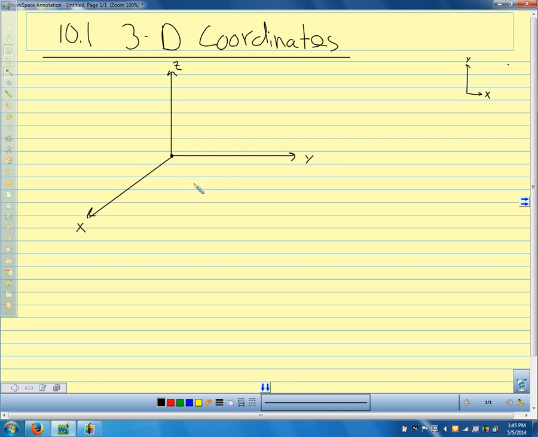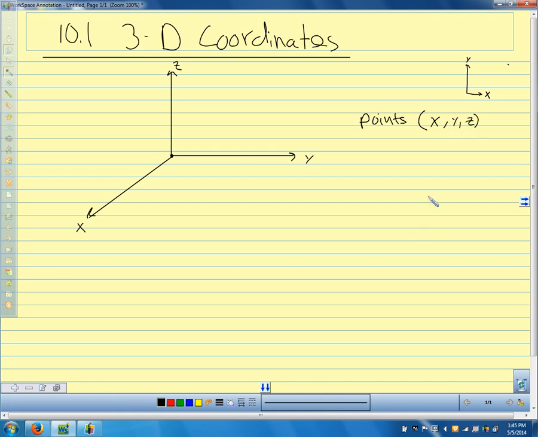We have an x and a y and a z. So if we're thinking of our normal x and y coordinates, the z-axis will be coming directly out of the screen right here. That would be our z-axis. So points in a 3-dimensional coordinate system are ordered triples instead of ordered pairs: x, y, and z.